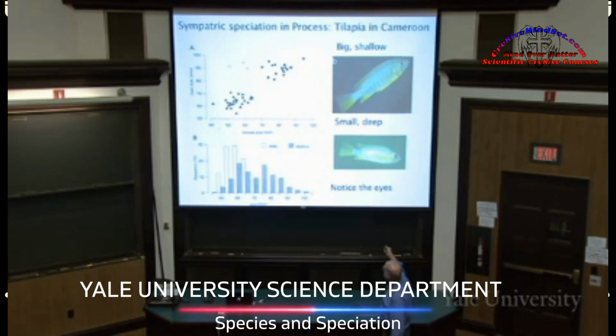These guys are probably feeding on snails on the bottom, and these are probably feeding on plankton in midwater. There is good reason for these two not to cross because the intermediate phenotypes aren't nearly as good. Okay, they aren't ecologically as good. They don't perform as well in eating snails or in foraging for zooplankton.